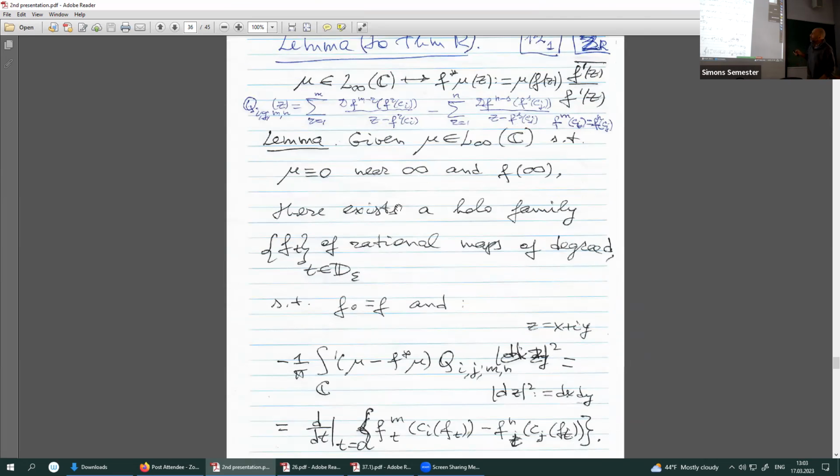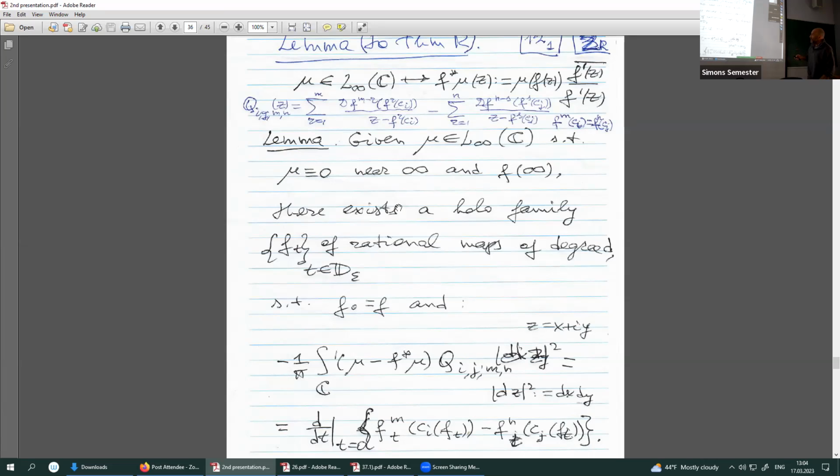So this is the pullback operator acting on Beltrami coefficients. And then for each realized critical relation, we have this quadratic differential.